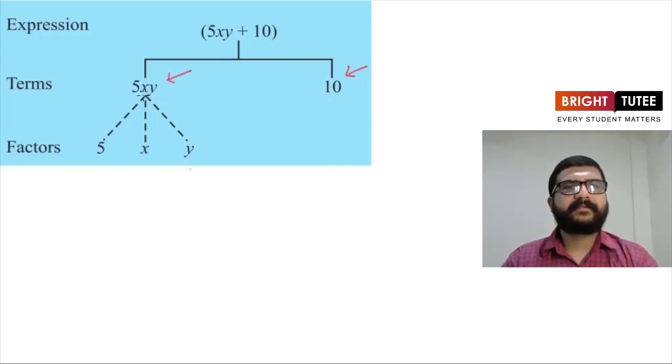And then 5xy was formed of three factors, 5, x and y. So it has been divided into three factors and the factors are represented using dotted lines. So this is how a tree diagram is formed for the expression 5xy plus 10. Similarly, we can form a tree diagram for any other expression also.